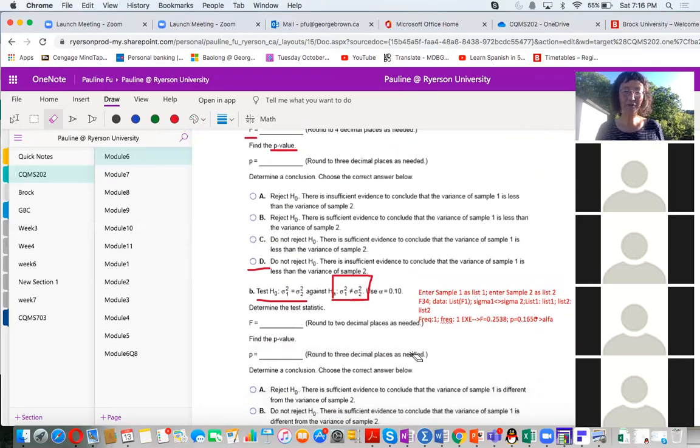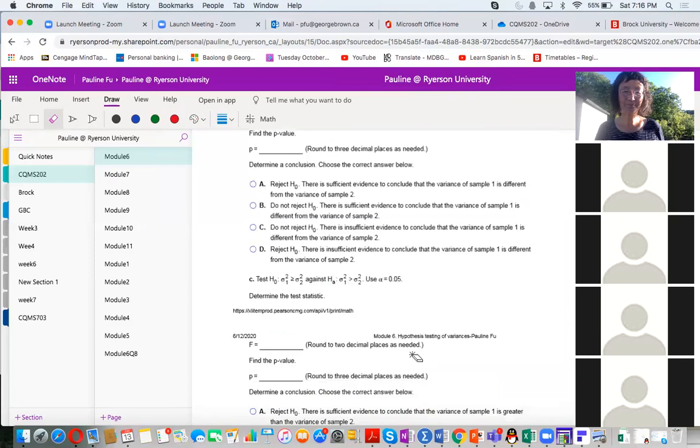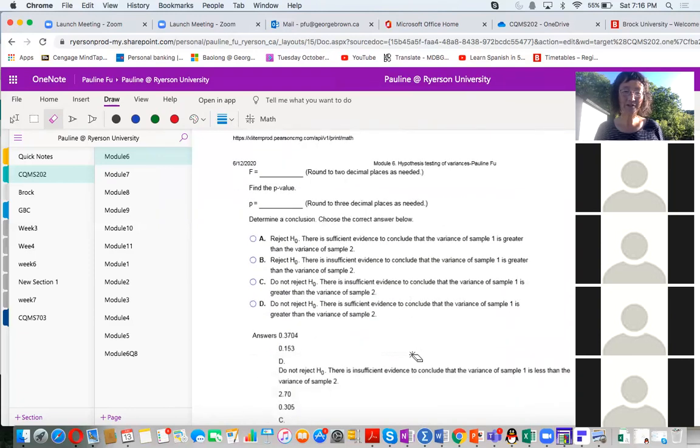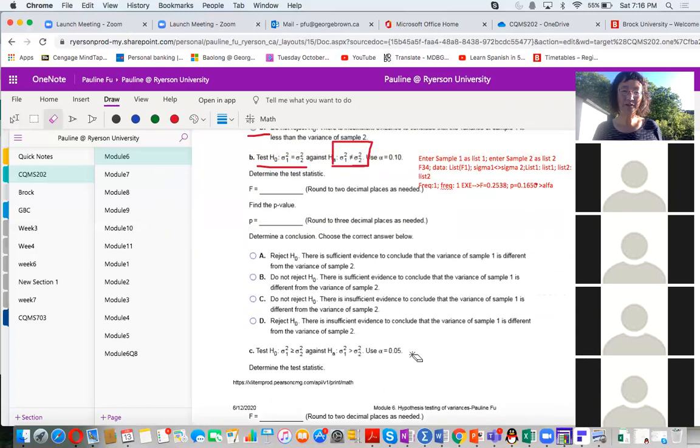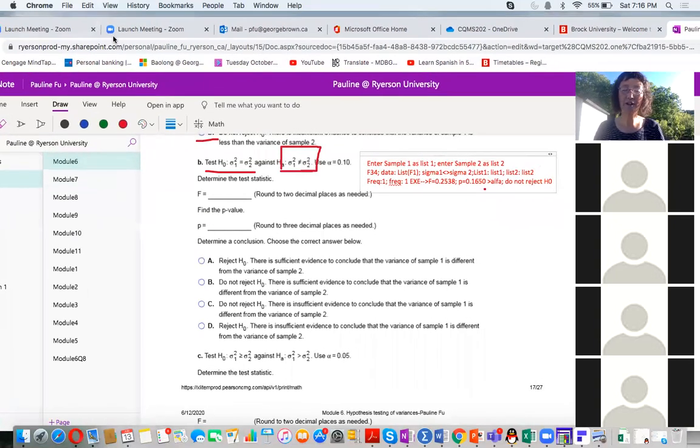Now go back to our two-tailed test, part B. Here, two-tailed test, I have a p-value 0.165. This is greater than alpha. Again, when p-value is greater than alpha, do not reject H0 is the conclusion.